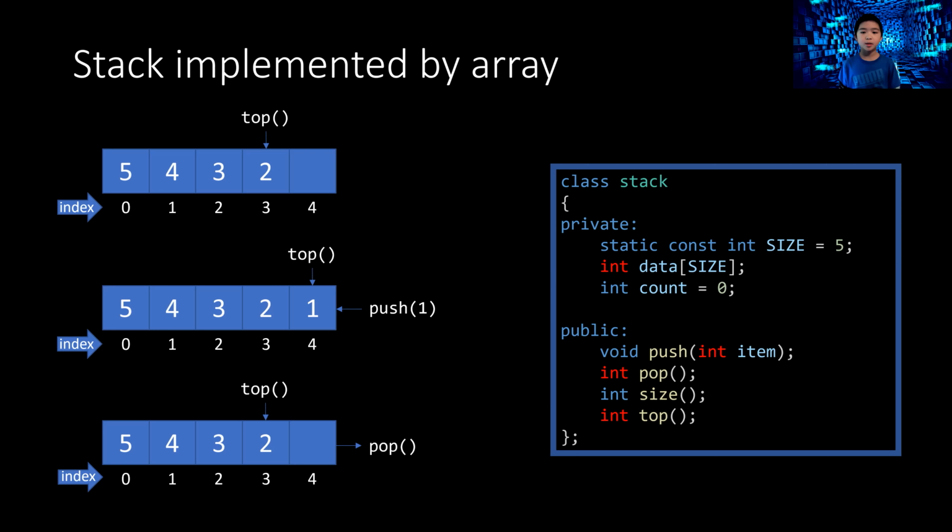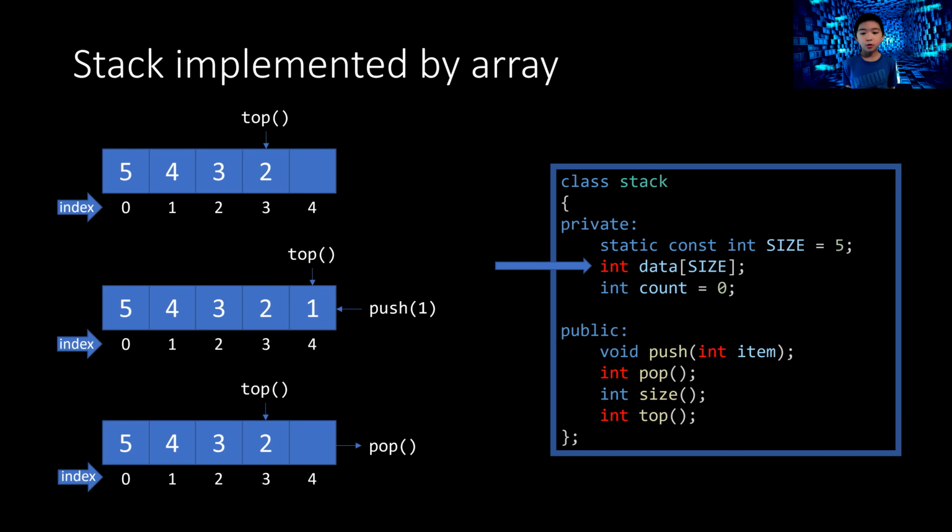Here's the C++ code to define the stack class. Let's look at the private variables. The first variable, size, defines the capacity of the array, or the maximum number of elements the array can hold. In this specific example, we use the keyword static const here to prevent any accidental modification of this variable.